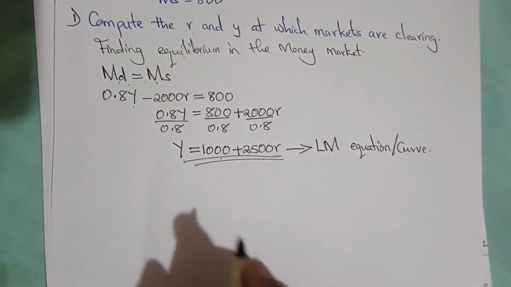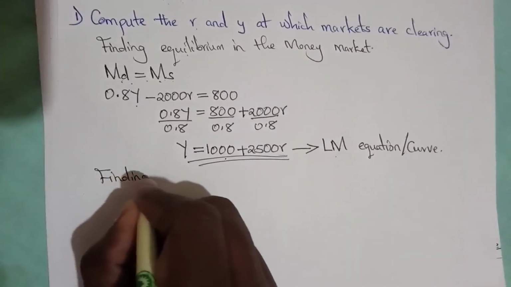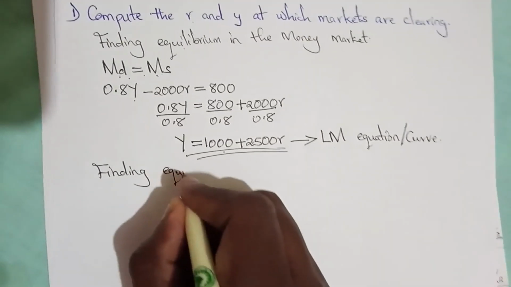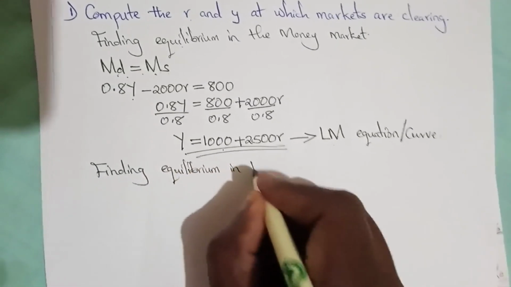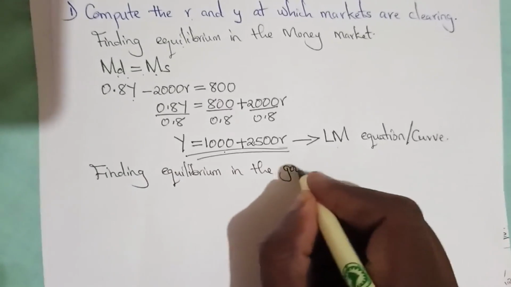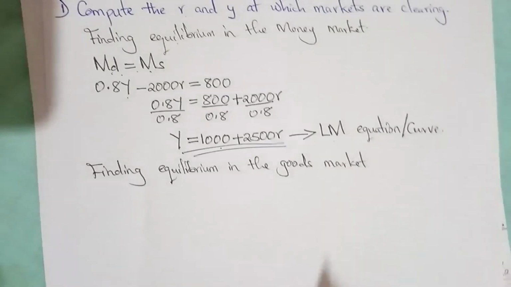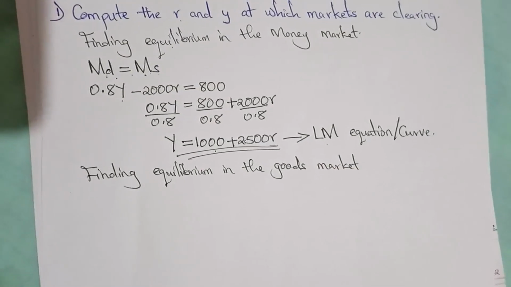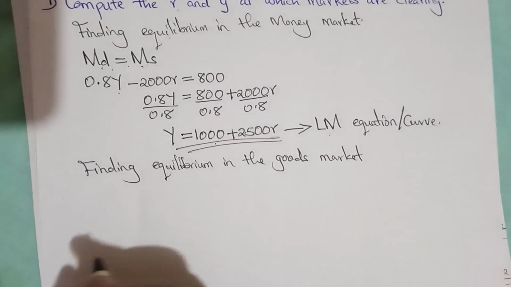Now the second step is finding equilibrium in the goods market. Here is where you are supposed to pay a lot of attention.